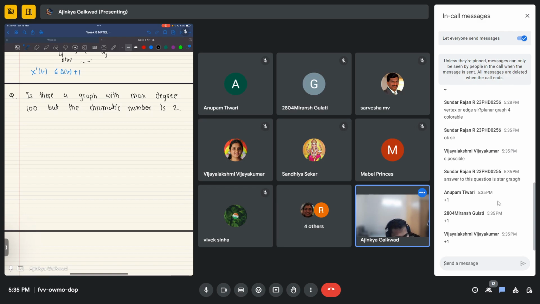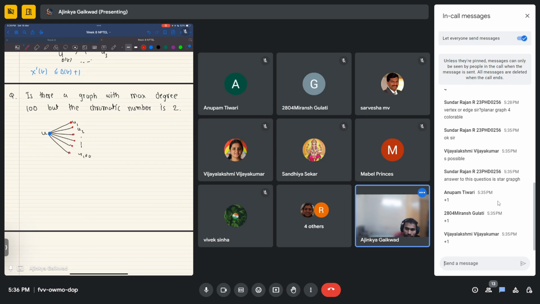Okay, so I think most of you got it. Yes, you are right. Somebody is saying the answer to this question is a star graph. Yes, this is also true. If you take a star graph, and you take a vertex u which is adjacent to, let's say, 100 vertices, you can color this one blue and all of these red because there is no edge between them.